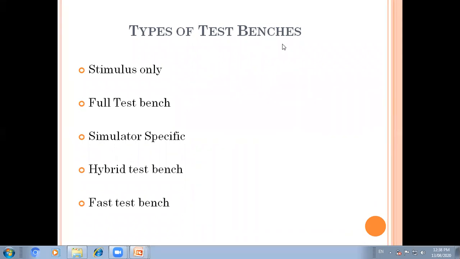So in the test benches, first is to generate the stimulus for the simulation, that is the excitation. Second is to apply the stimulus to the entity under test and collect the output response. Third is to compare the output response with the expected values.